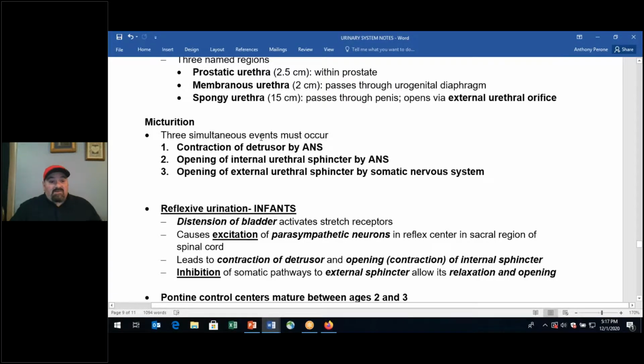So you'll see here a contraction of the detrusor muscle by the autonomic nervous system, in particular the parasympathetic branch, opening of the internal urethral sphincter, again parasympathetic, and opening of the external sphincter. This is somatic, because this is something you have conscious control over. That's skeletal muscle, somatic nervous system control.